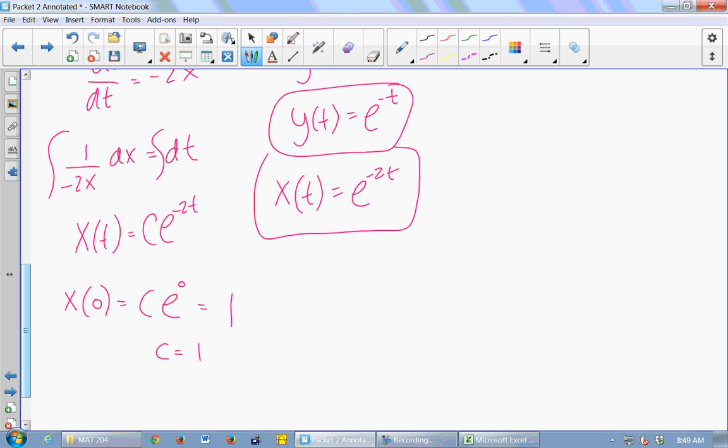It does check. Good. And just to get in the habit of writing these things in vector notation, you could either say xy equals e to the negative t, e to the negative 2t. That's another way of expressing that same thing.